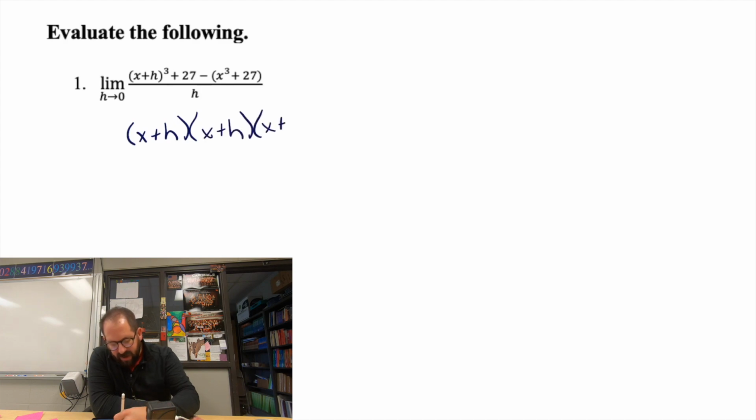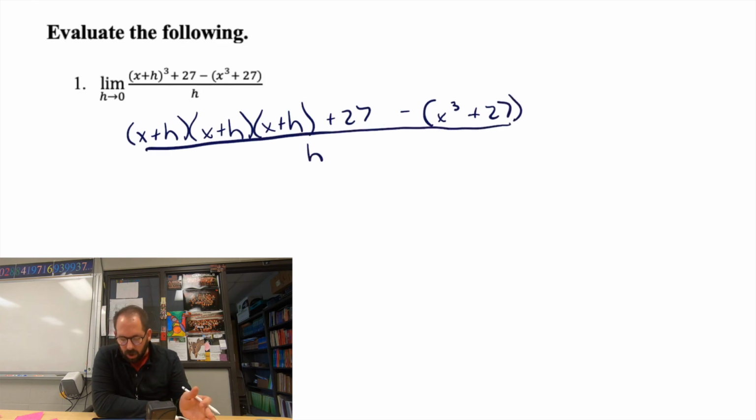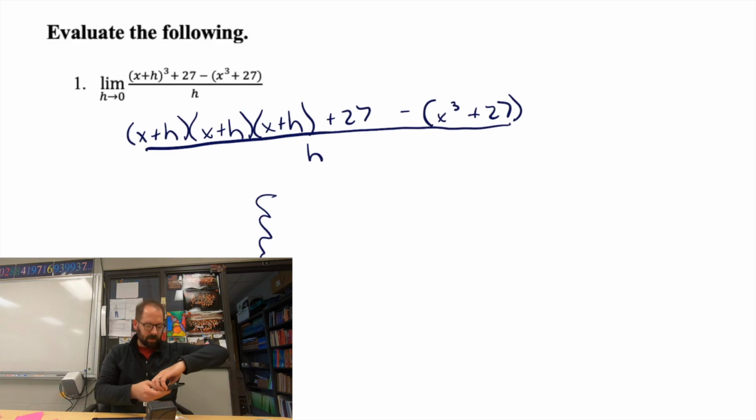You can actually evaluate the problem like so, distribute, FOIL, whatever you want to call it, and simplify it all the way down. Let me type that into Wolfram Alpha and see what it spits out.